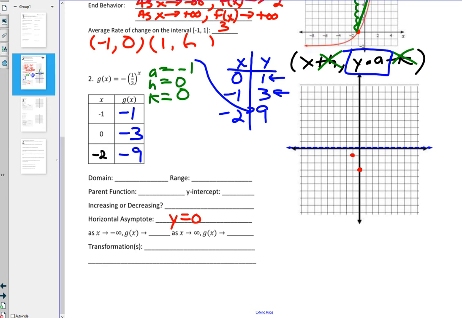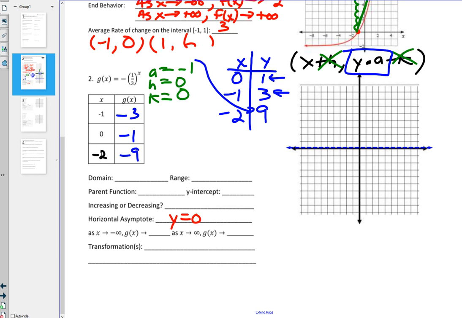Oh, I put it backwards. Sorry. The 0 is what became negative 1. The negative 1 is what became negative 3. And the negative 2 became negative 9. I just had the first 2 points flip-flop. Sorry about that.